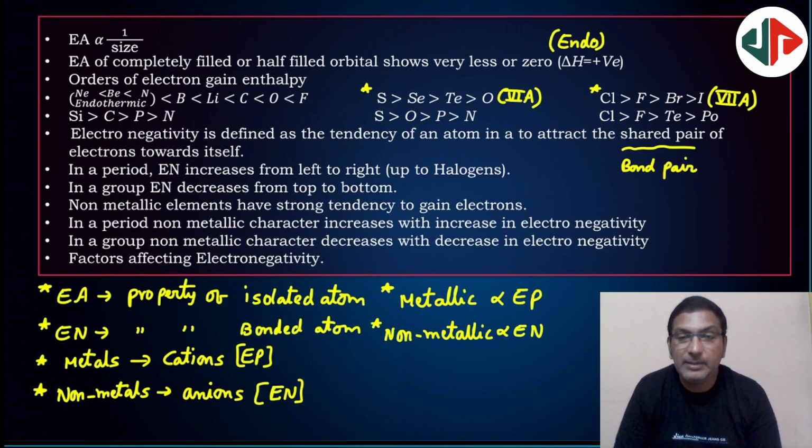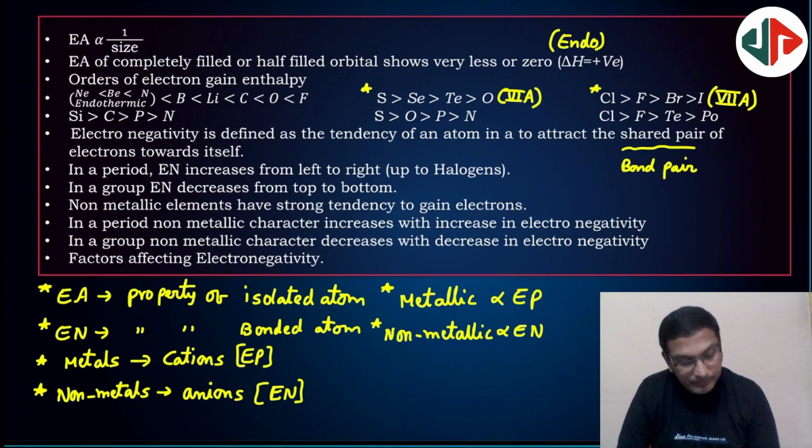If electropositivity increases, loss of electrons increases, metallic nature increases. If electronegativity increases, gaining of electrons increases, non-metallic nature increases. Therefore, metallic elements, due to loss of electrons, form cations. Next, non-metallic elements, due to gaining of electrons, can form anions.